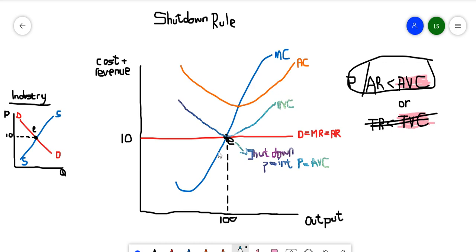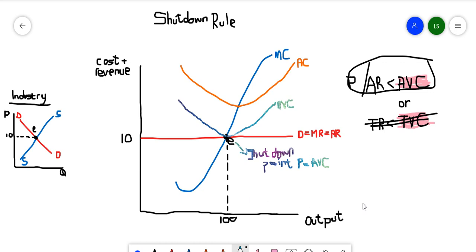This cannot be part of your supply curve, even though it has a positive slope. Remember, your rule says the supply curve is the ascending, upward sloping section above average variable cost, because anywhere below this there will be no production, the firm will shut down, and they will not supply anything there.